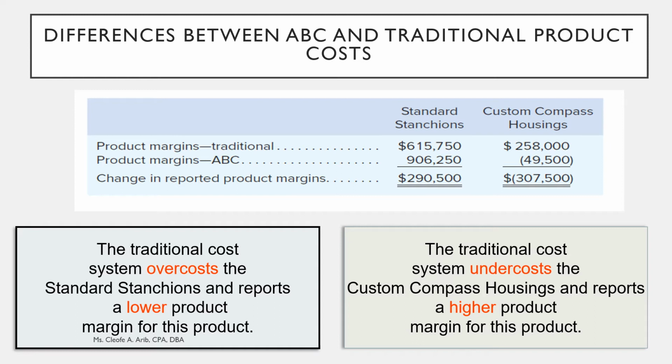Whereas the product margins for standard stanchions using the ABC costing is 906,250, and then we have a negative product margin for your custom compass housing. So what do we notice here? Now, your traditional cost system overcosts your standard stanchions and reports a lower product margin for this product. Also, your traditional cost system naman, it undercosts your custom compass housings and reports a higher product margin for this product.